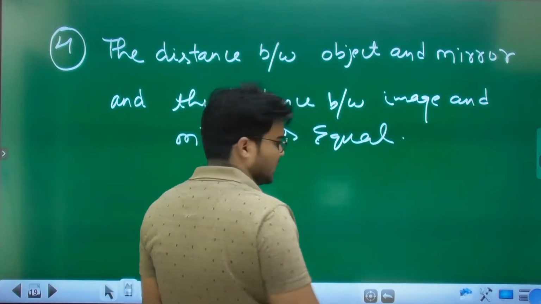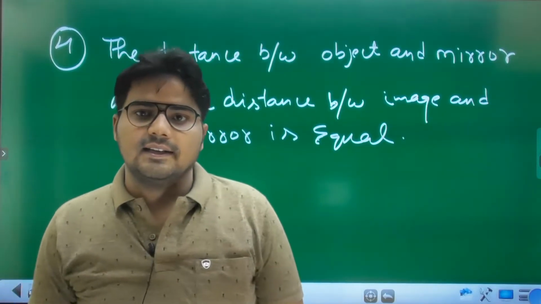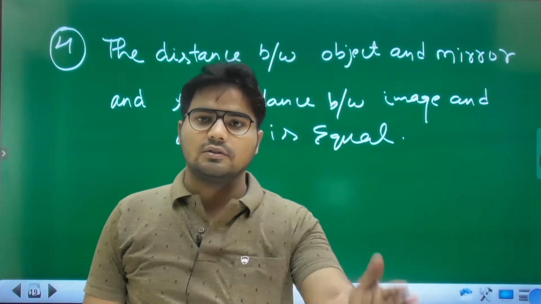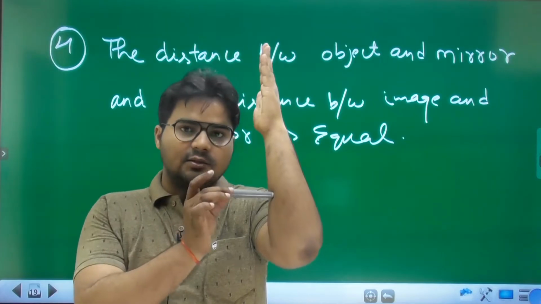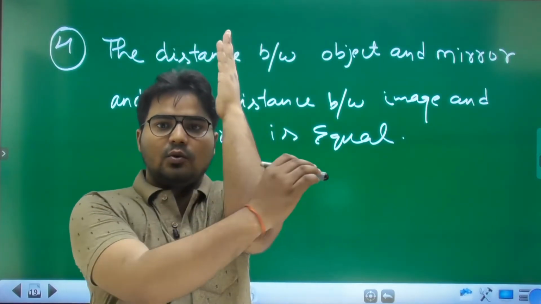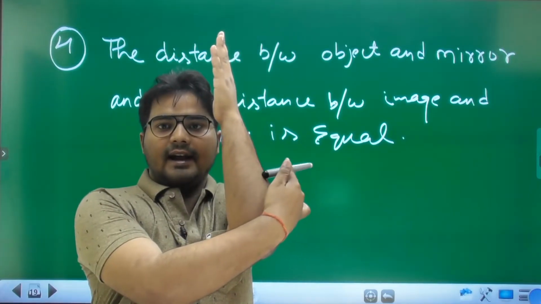Clear? The third characteristic, that the distance between the mirror, suppose this one is your mirror and the object is kept here. So the distance between mirror and object is equal to the mirror and the image.